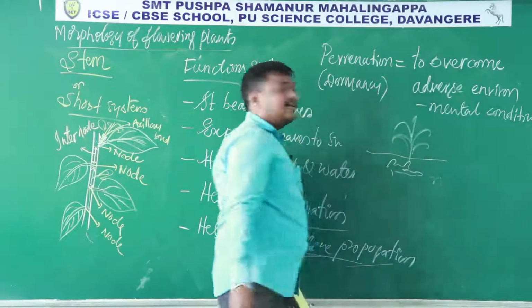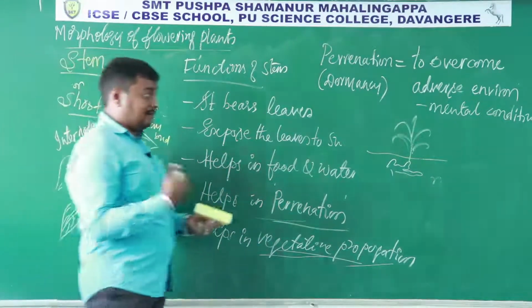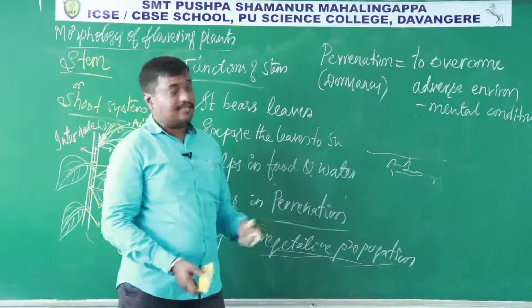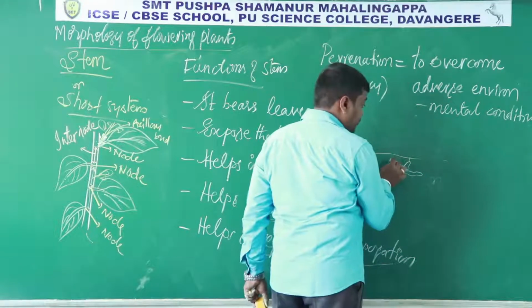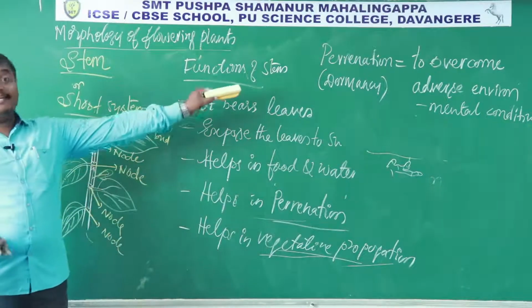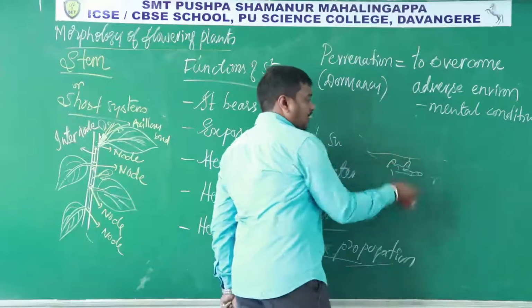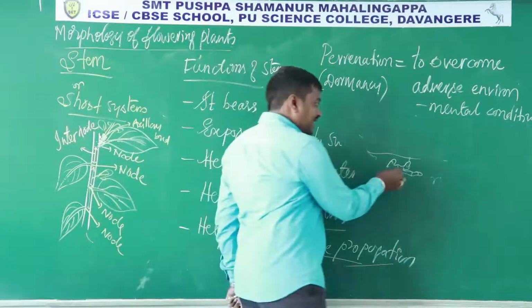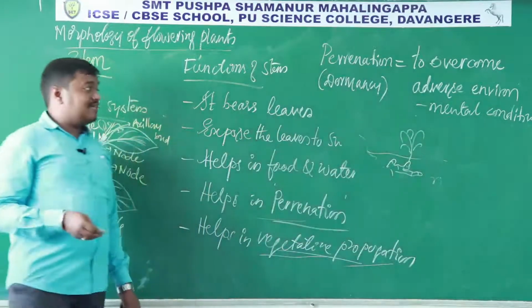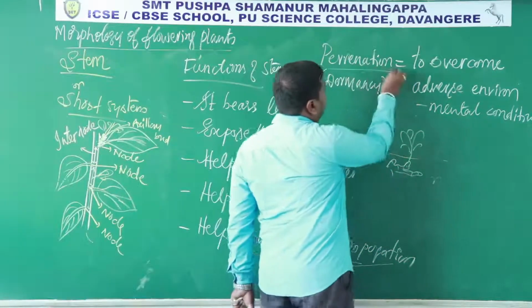Adverse condition means unavailability of water or high temperature, so the leaves are going to die, dry up and perish. But this stem, which is present under the soil, stays inside the soil in a dormant stage until the favorable condition returns. When it gets the water and low temperature it needs, it starts producing the leaves again. So until that favorable condition returns, it is in a dormant state. That dormancy state of the stem is nothing but perennation.